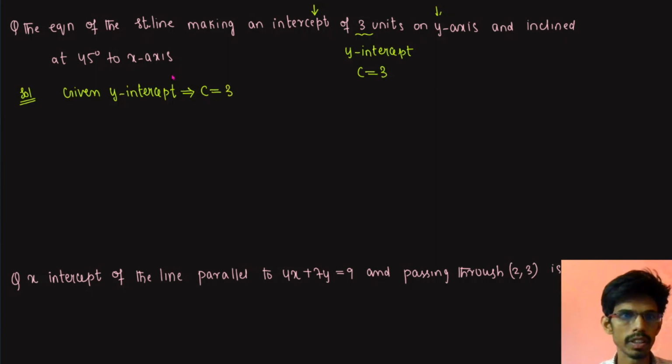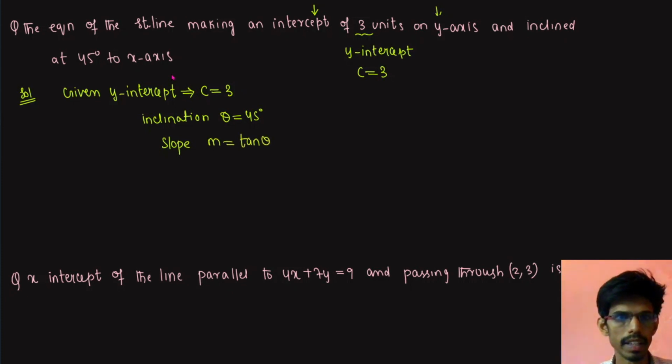Now inclination is nothing but theta, the angle made by the line with the x-axis, that will be 45 degrees. Now we want the slope. When theta is given, we use m equals tan theta, tan 45 degrees, and tan 45 is 1.